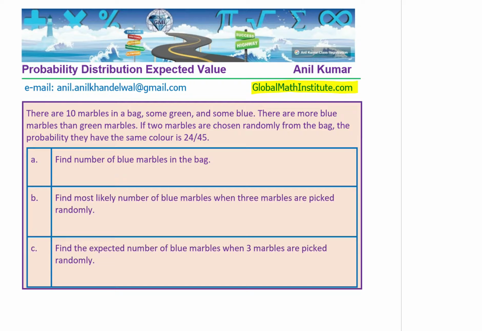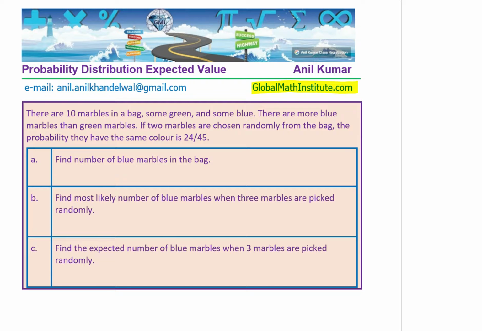That means they could be both green or both blue. You get the idea. So we could bring two blues or two green. So you have to look for both. And that probability is given to us as 24 over 45. Perfect.